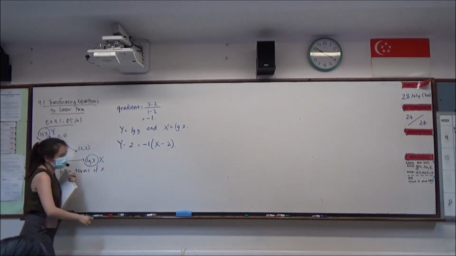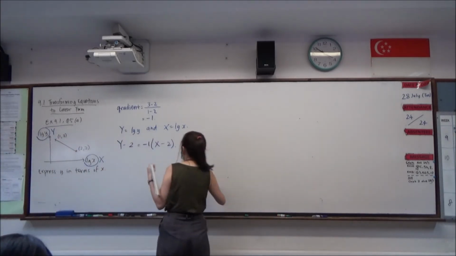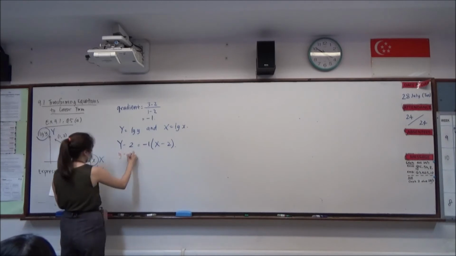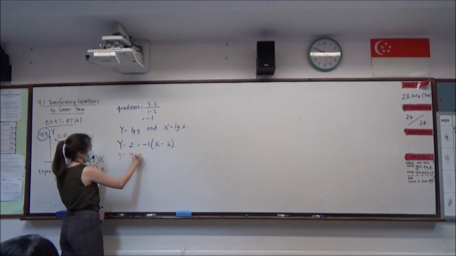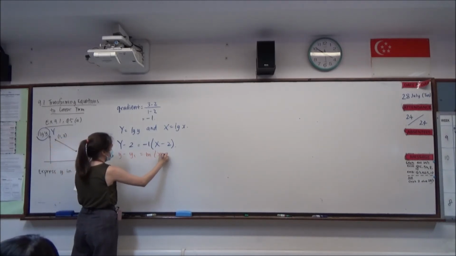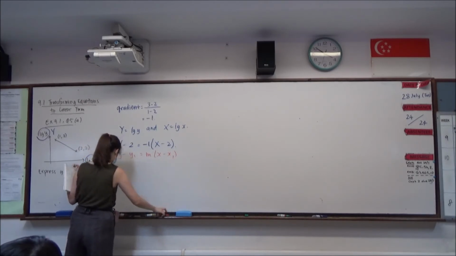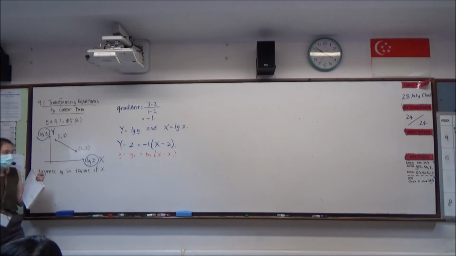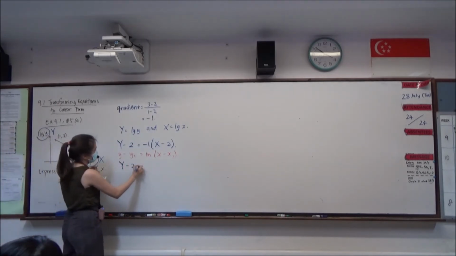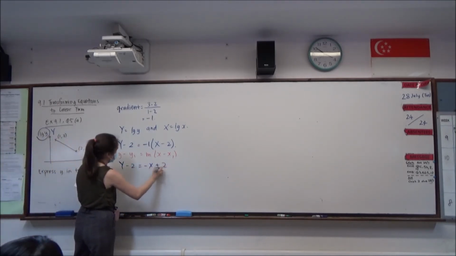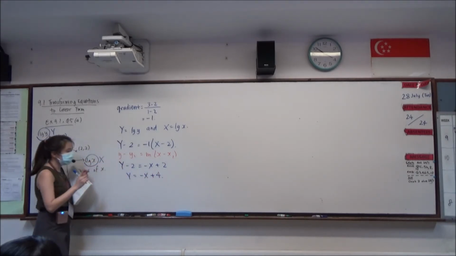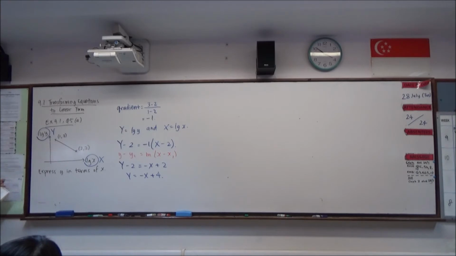This is using our formula y minus y1 equals m times x minus x1 to find the equation. Alright, then I will get big Y equals negative big X plus 4.